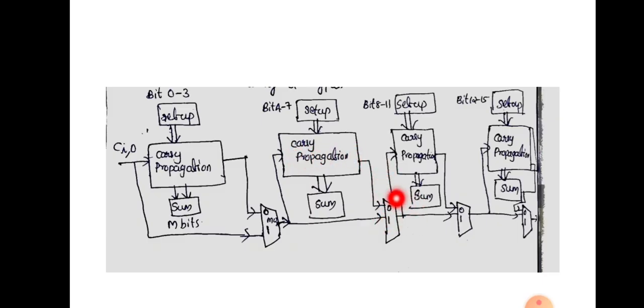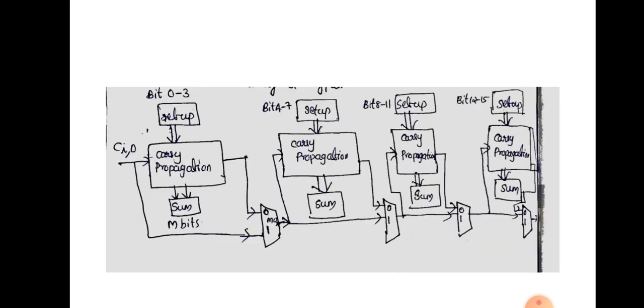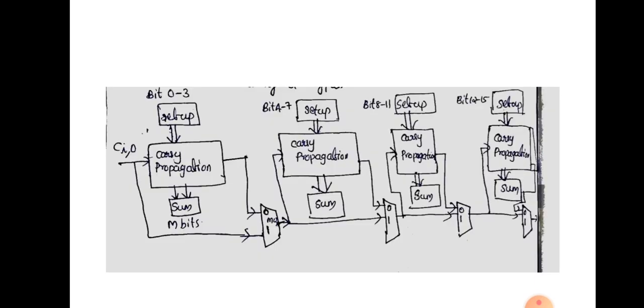Similarly, here also you can draw the circuit as a replication of this one. So this is the representation for the 16-bit adder, and if the number of bits is increased, you have to increase the number of stages. It is very difficult to draw all the full adders as in the case of the ripple carry adder, so you can use this type of representation.